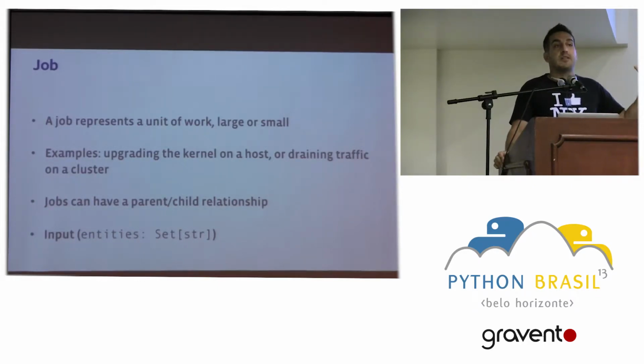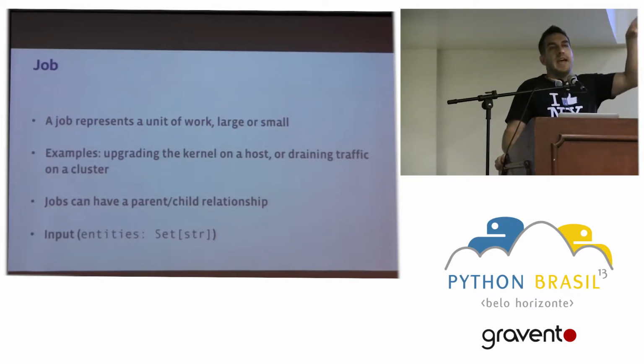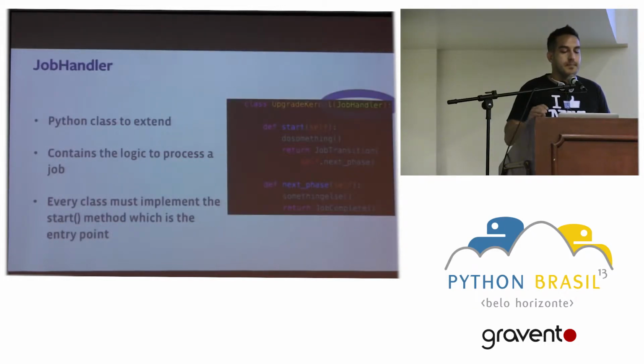It's quite abstract on purpose because we want to be able to use that input for different things. So different jobs might expect different inputs. Again, the same example of upgrading the kernel, an input could be the host name we're trying to update, right? So the job takes that host name and knows, okay, I need to connect to that machine and do the operations there. You could also pass kernel versions or other things, but that's how we use it.